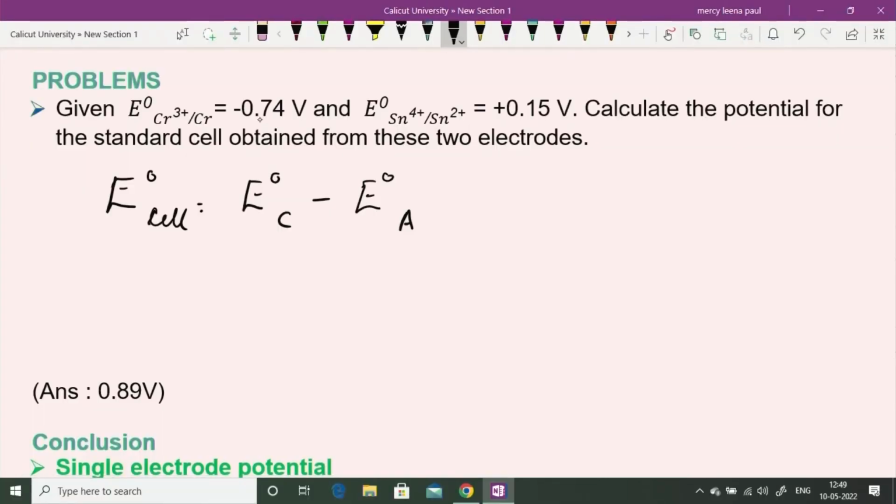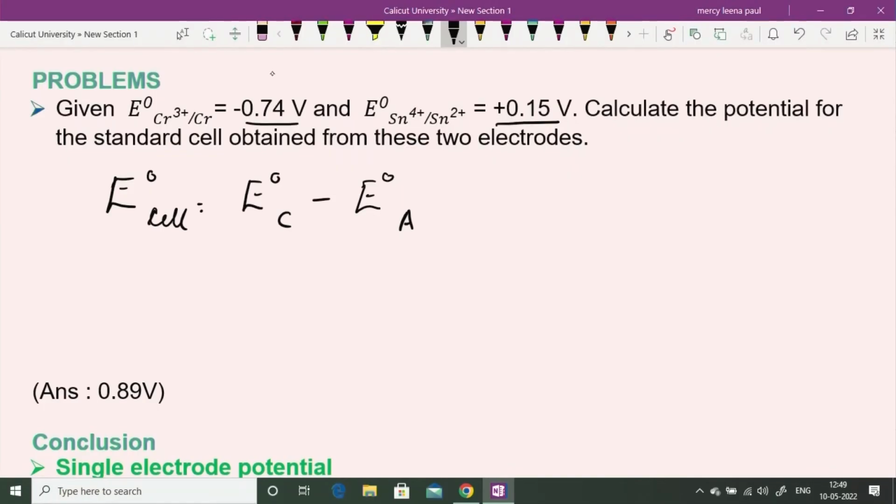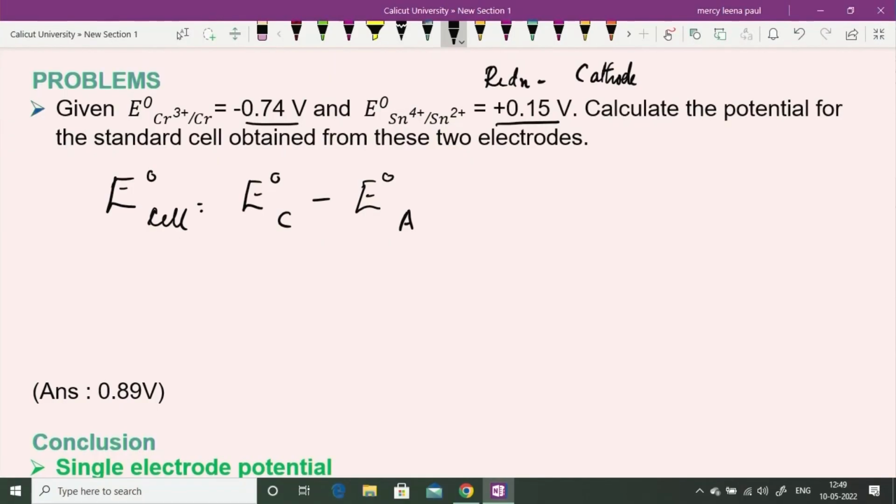Here we know when we compare these two, chromium and tin, tin has got higher reduction potential, and therefore, tin will undergo reduction. So, this will undergo reduction and this becomes the cathode, and obviously, chromium, which has got a lower reduction potential, will undergo oxidation and that will be the anode.